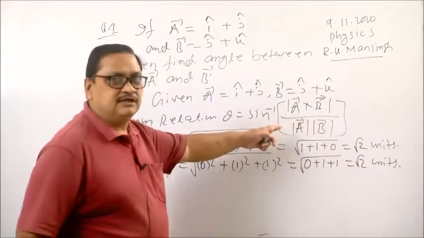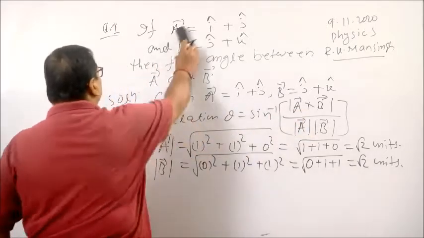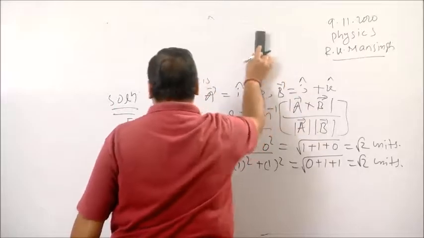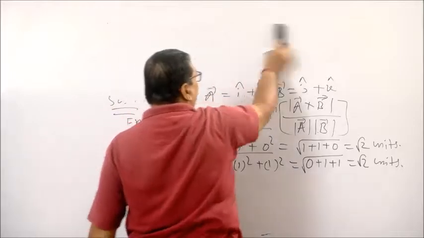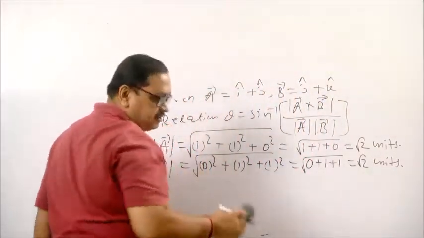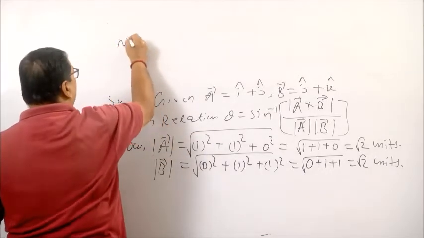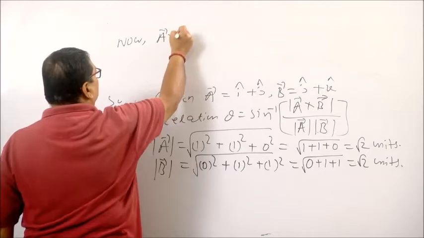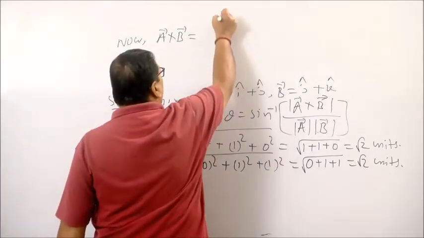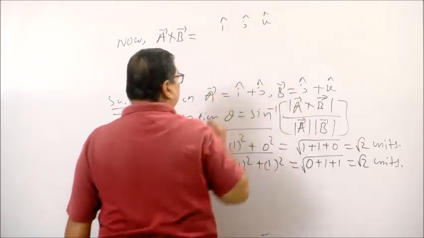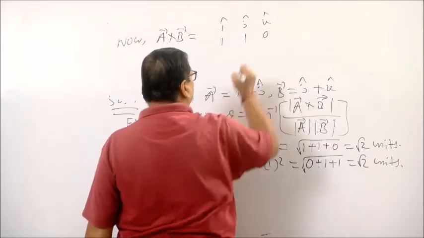Now we have to find the modulus of A cross B using the determinant method. We have already discussed in the last class how to find the cross product using the determinant method. First we have to find A cross B. So, i cap, j cap, k cap in the first row. For vector A, 1, 1, 0.